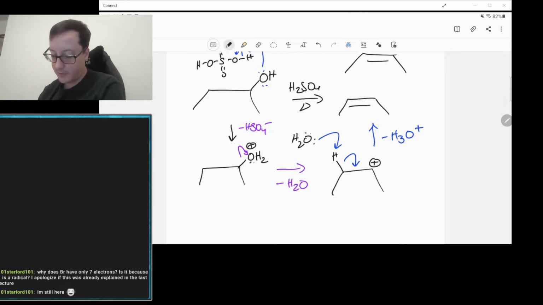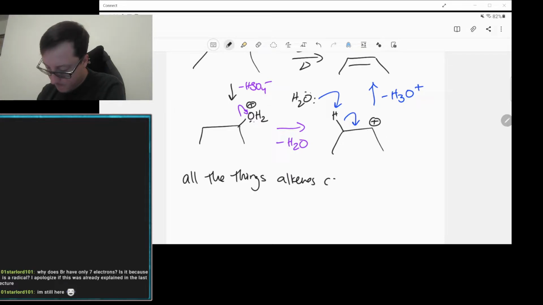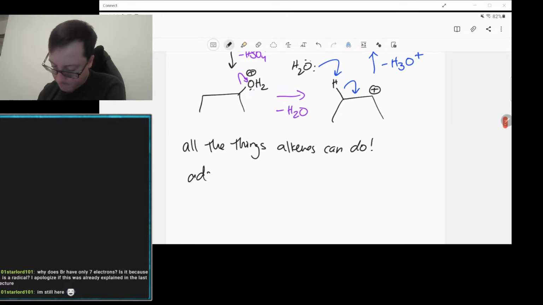So let's see all the things that alkenes do. We're looking at addition reactions for this, and we're going to look at these very closely.